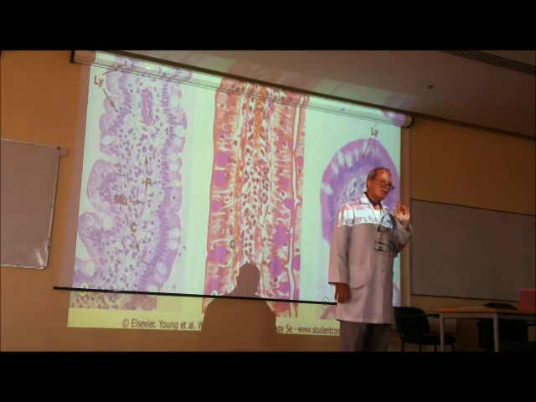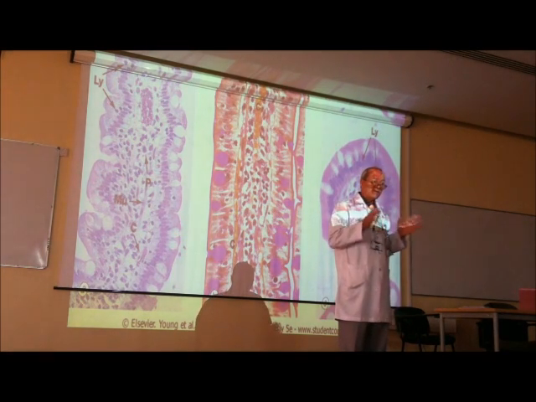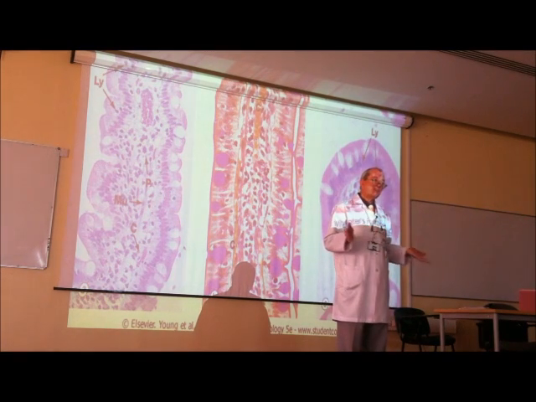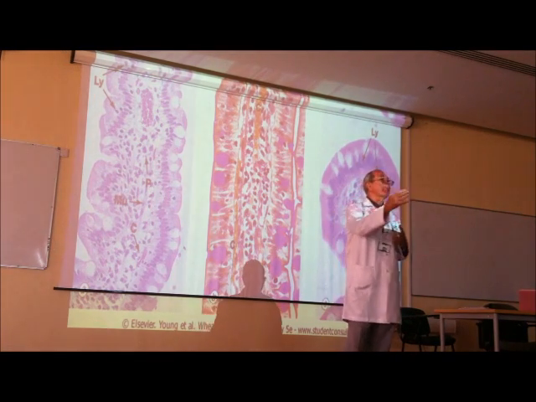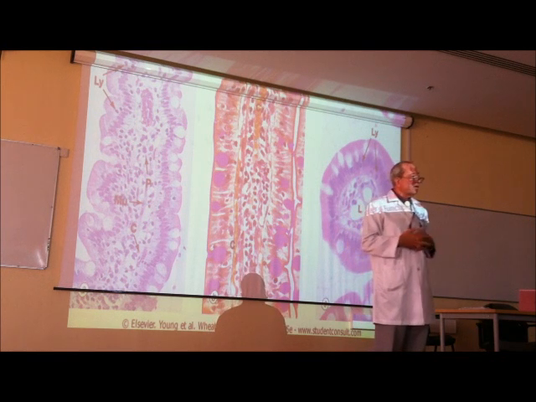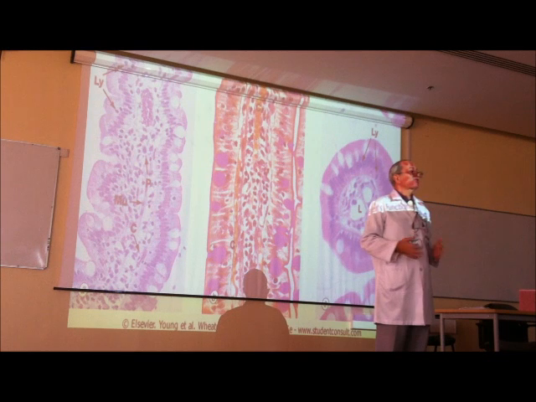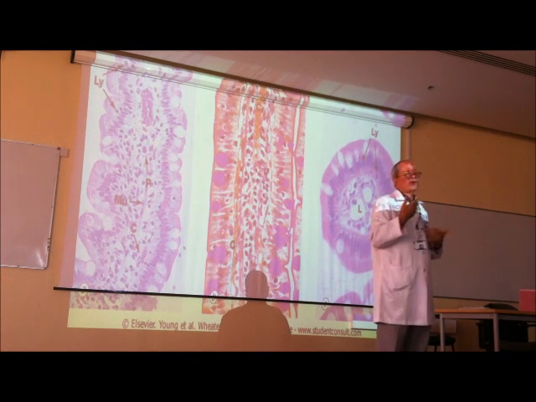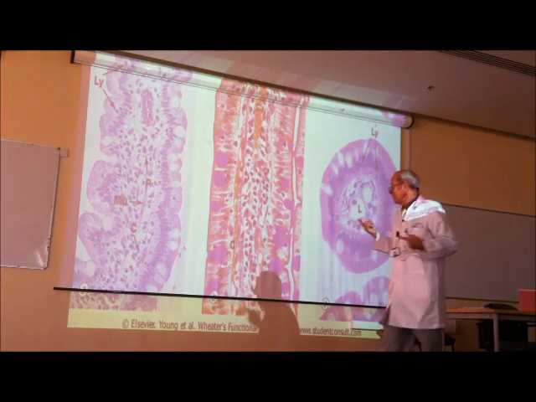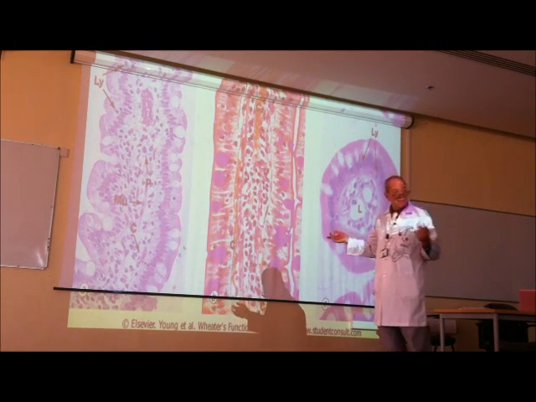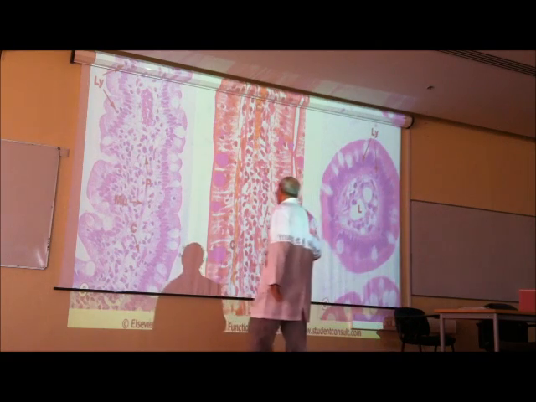I think that what I selected of the slides are very clear, with no doubt. But some of your pictures are not clear, or many of your pictures are not clear. But these pictures are very clear.